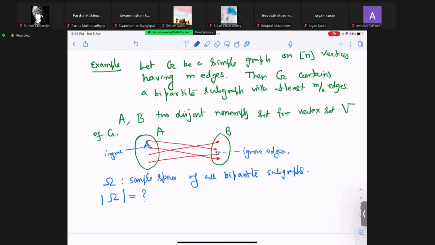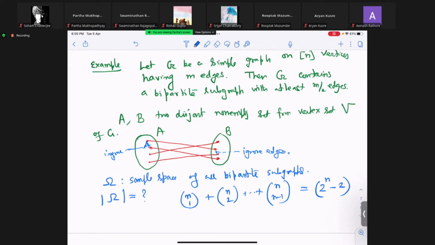You have to make sure A and B are non-empty sets, right? So for example, for the A side, you can take one vertex, or two vertices, or n minus 1 vertices, and that gives you 2 power n minus 2. But the names A and B are arbitrary, right?